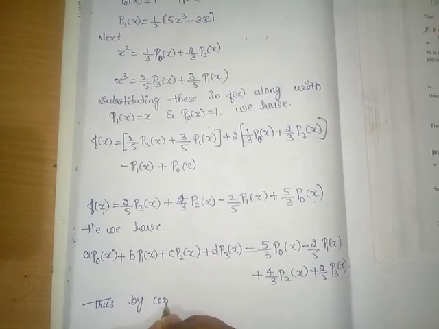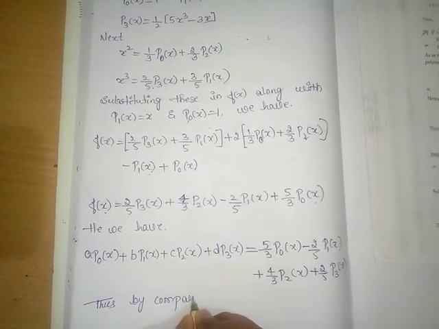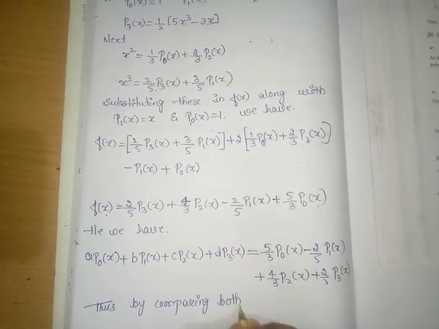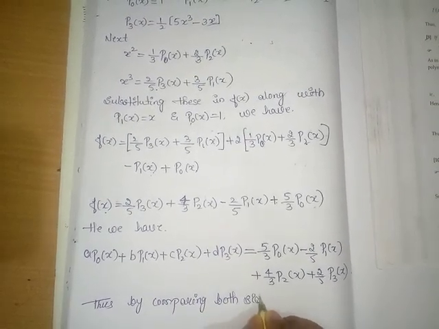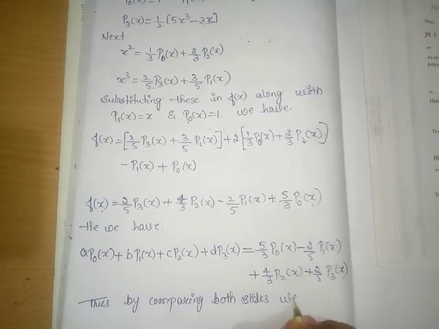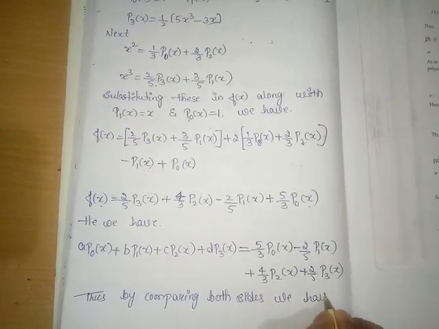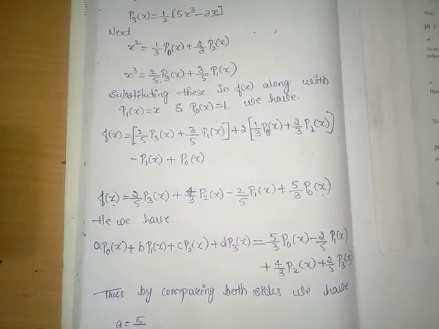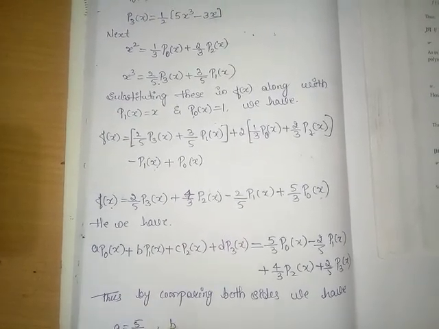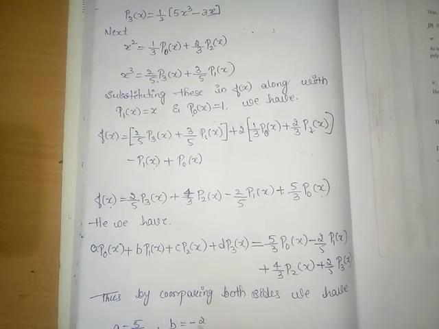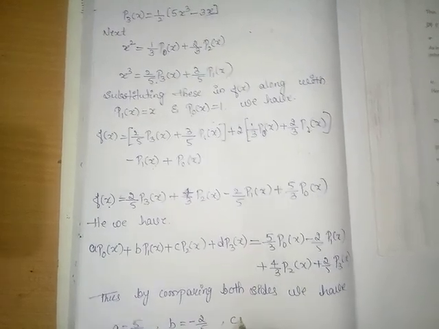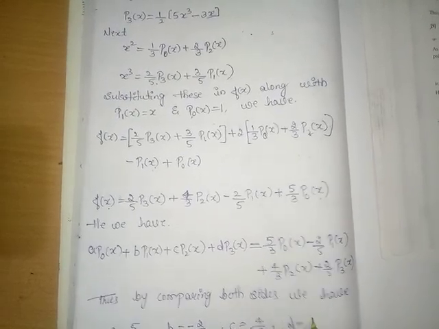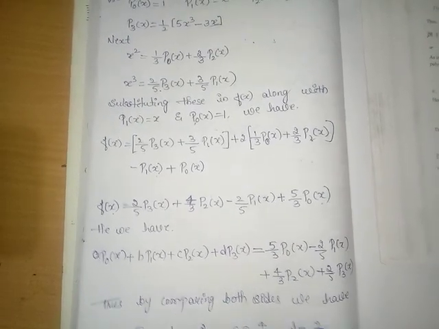Thus, by comparing both the sides, we have a is equal to 5 by 3, b is equal to minus 2 by 5, c is equal to 4 by 3, d is equal to 2 divided by 5.